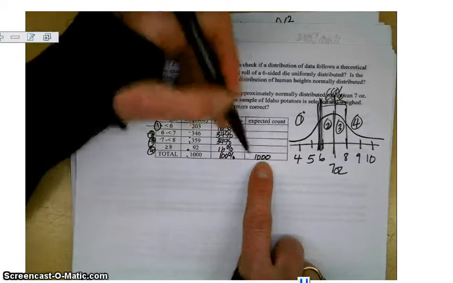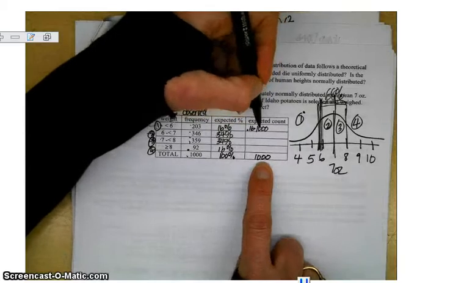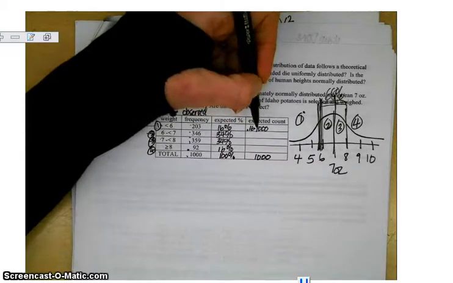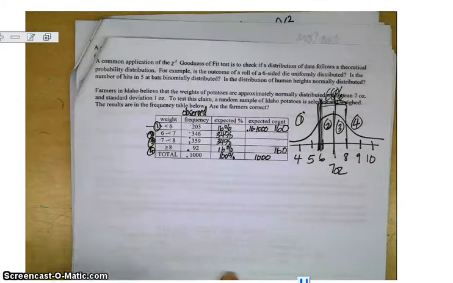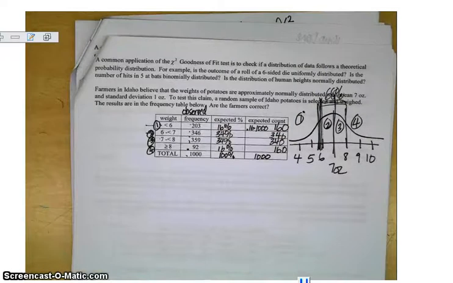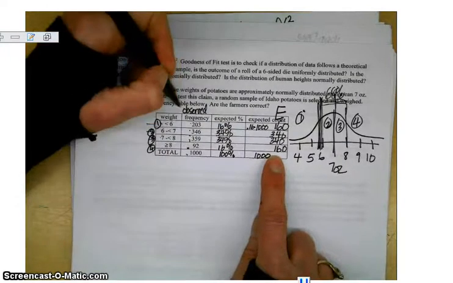So 16% of 1,000, so 0.16 times 1,000, gives me 160. So that's 160 there, which means that this last one's also 160. And 34% of 1,000 is 340. So these are my expected counts, my E's. These are my observed counts, my O's.